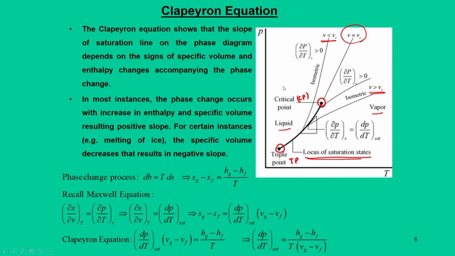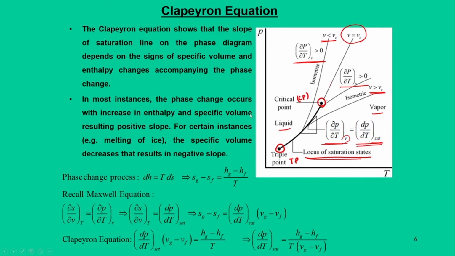On this saturation line, ∂P/∂T at constant volume becomes dP/dT, because at this point there is no role of specific volume, as it is a saturation line. On the left side of this curve, ∂P/∂T at constant volume is greater than 0, and on the right side it is also greater than 0.